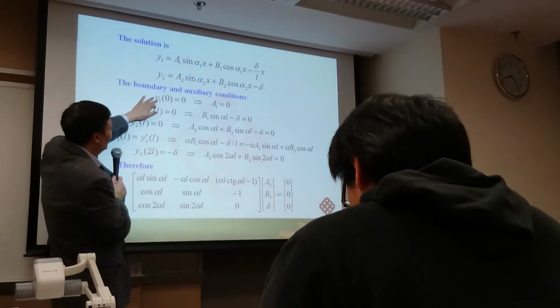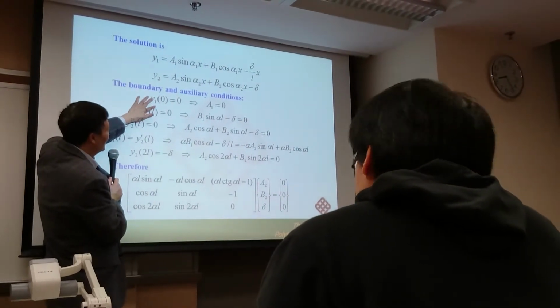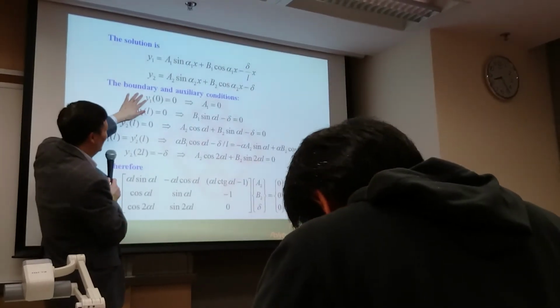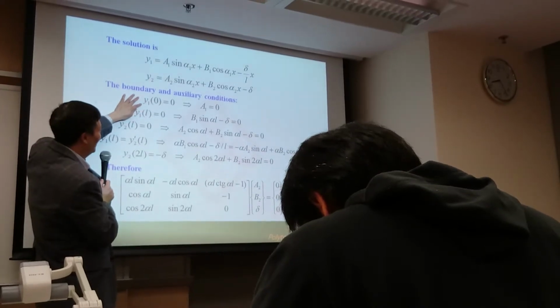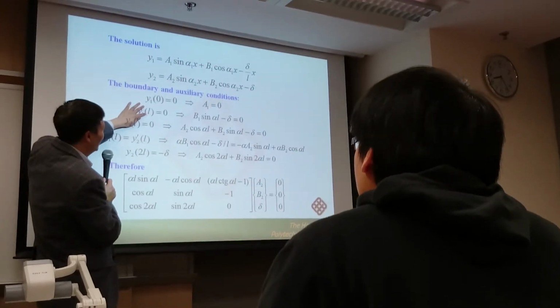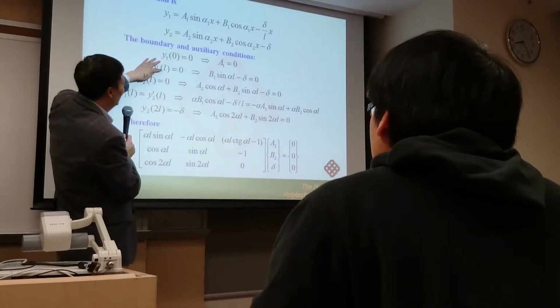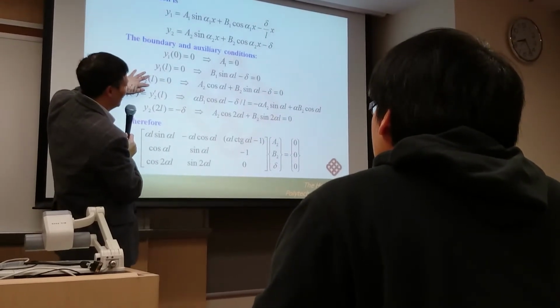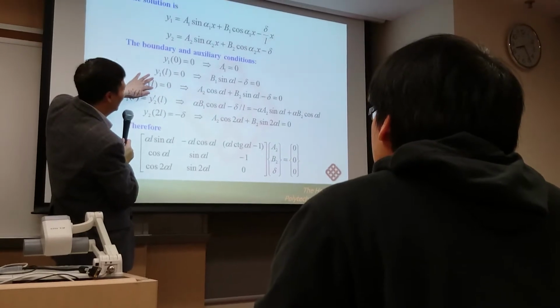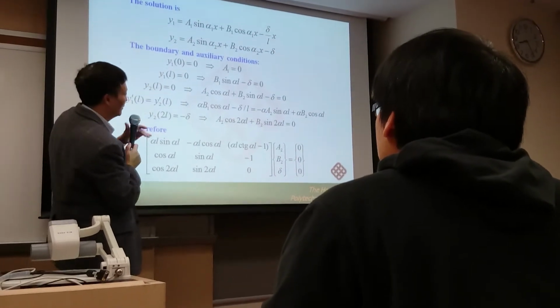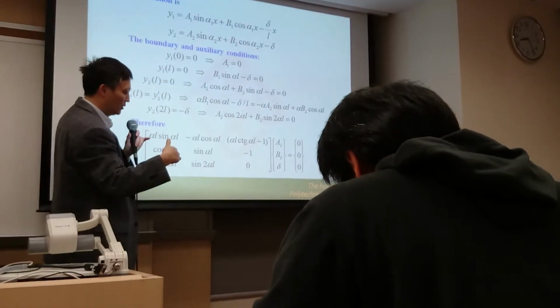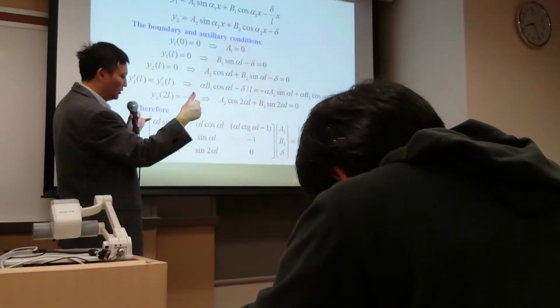For the first segment, when x is equal to 0, y1 is equal to 0. This is a pin end. And at the internal support location, y1 is equal to 0, and also y2 is equal to 0, because point C is an intersection point and an internal support location.